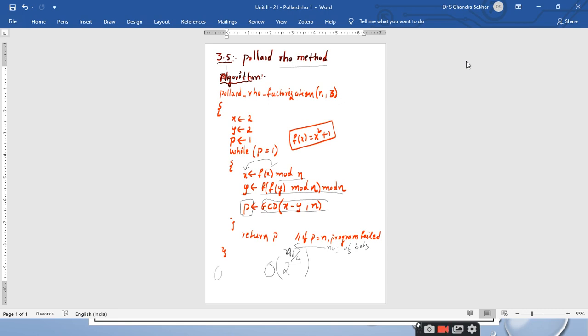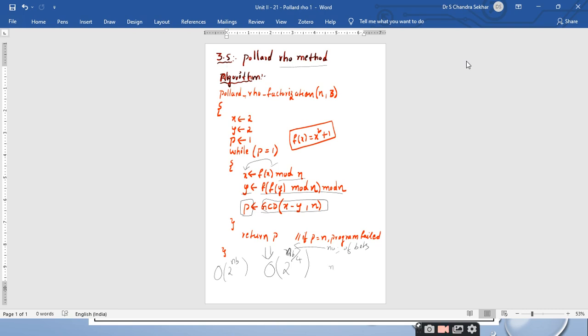See here, previously I had big O of 2 power nb. Now the Pollard RHO method has the complexity of big O of 2 power nb by 4. Is RHO more efficient than the p minus 1 method or not? Yes, sir. Efficient, sir.